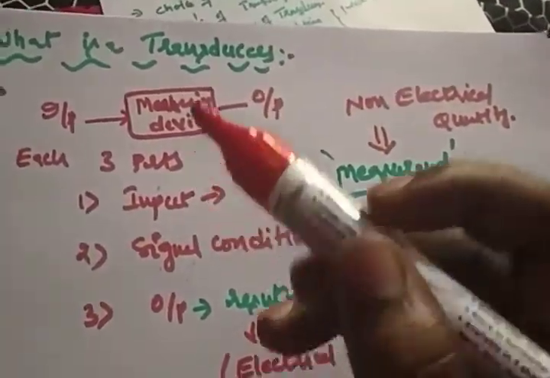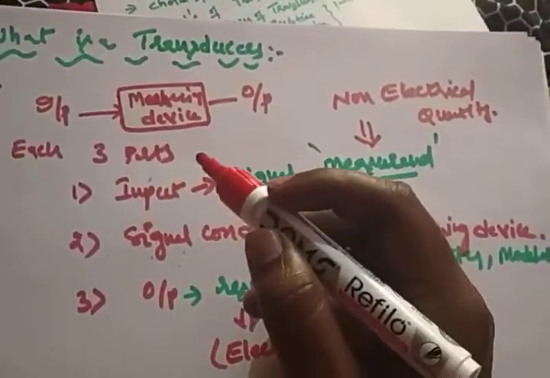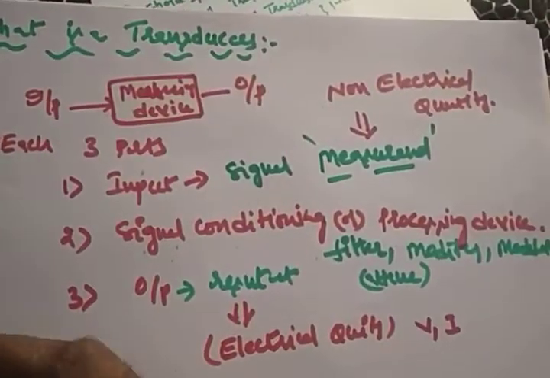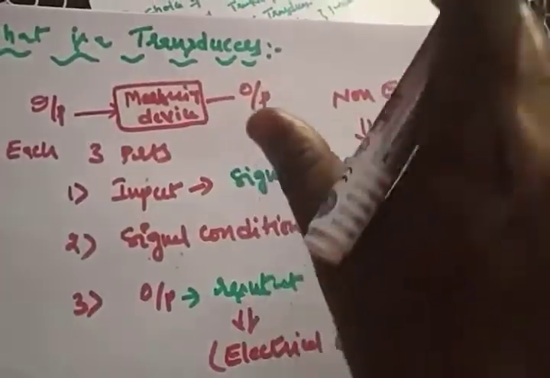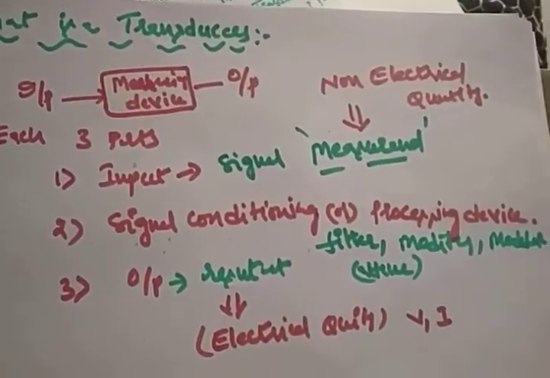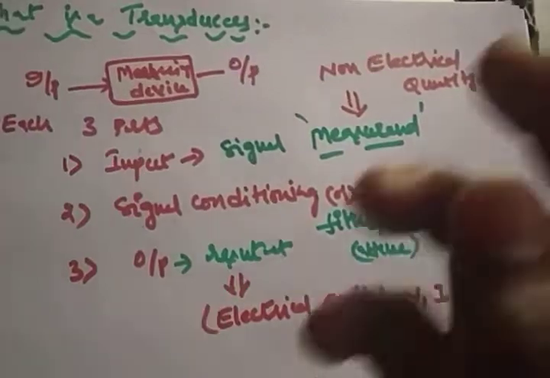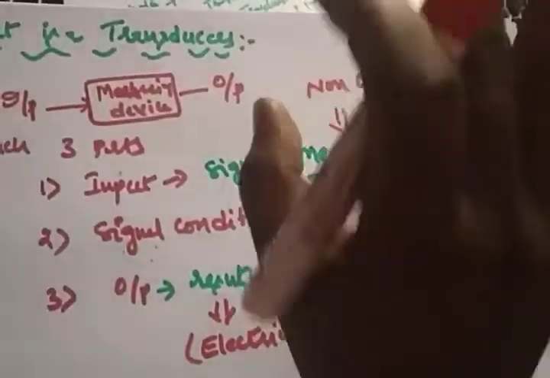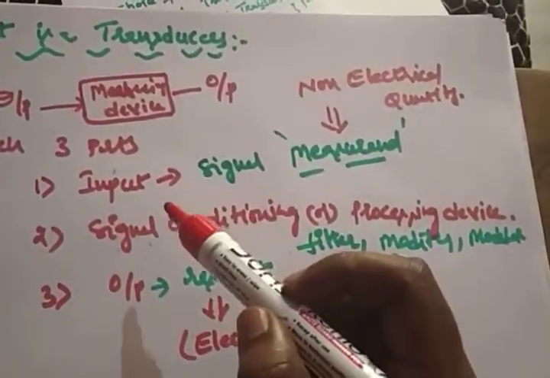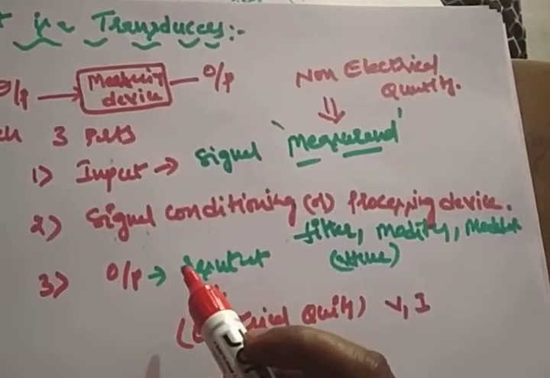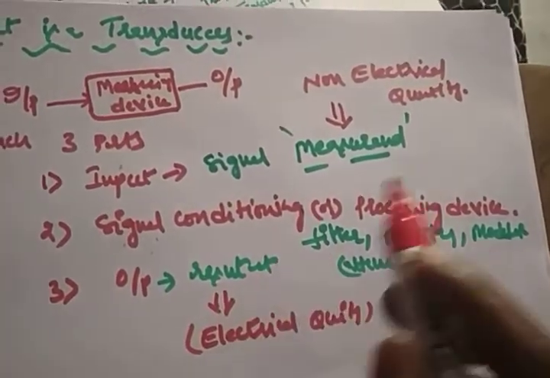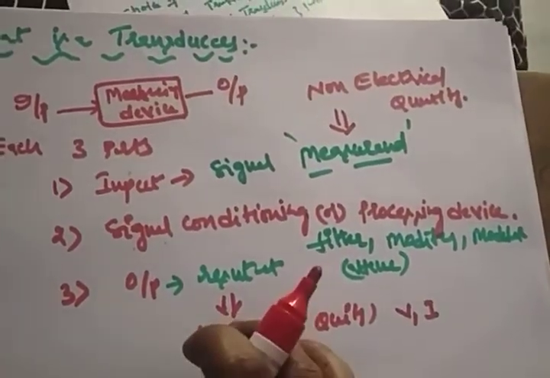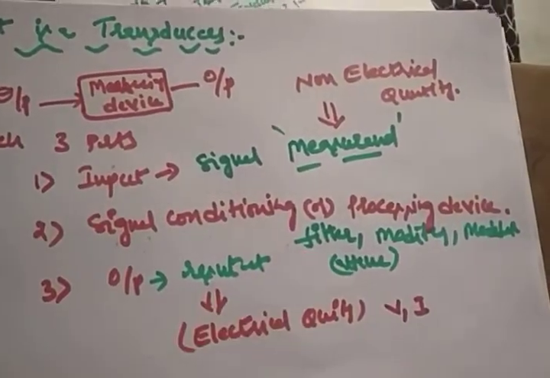Each and every electronic measuring instrument has different components; we give an input and get the result as output. That means each and every instrument has three parts. The first part we call the input, the second part is signal conditioning or signal processing, and the third part is the output terminal.